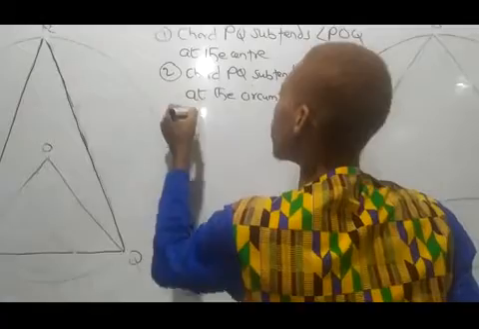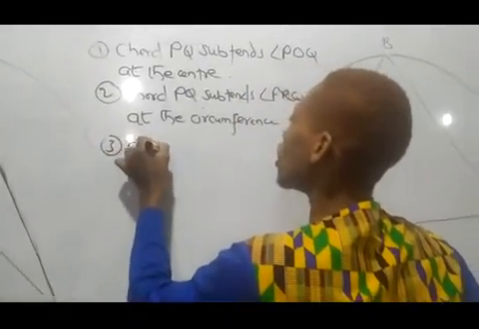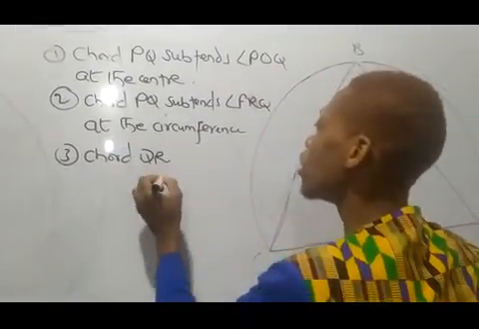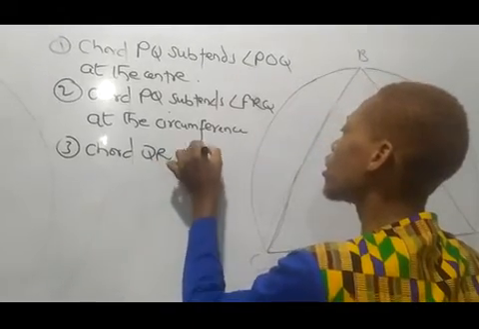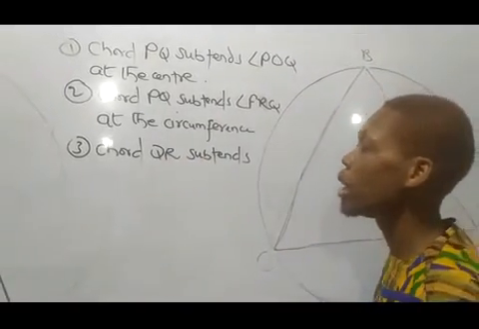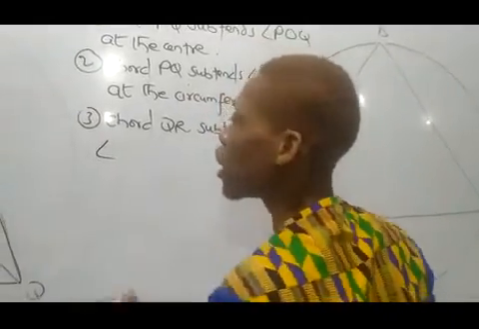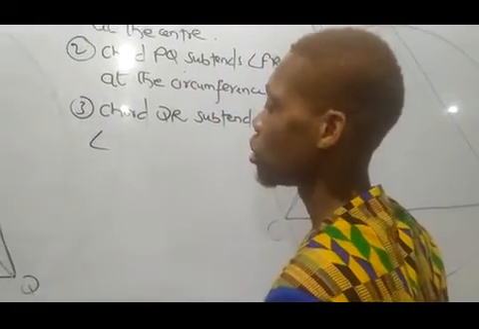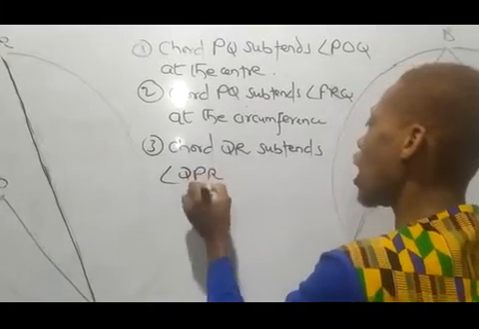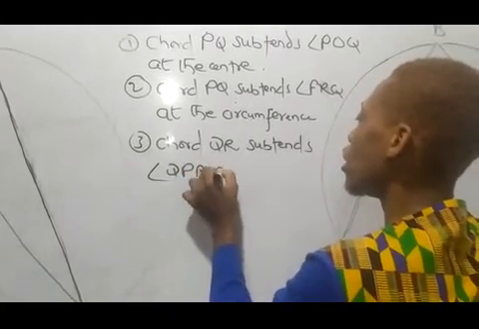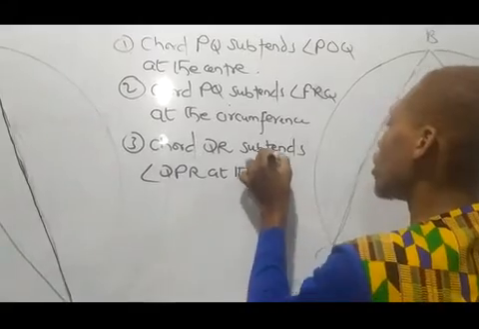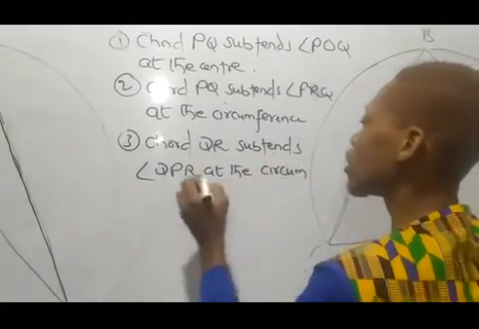So 3, chord QR subtends angle QPR at the circumference.